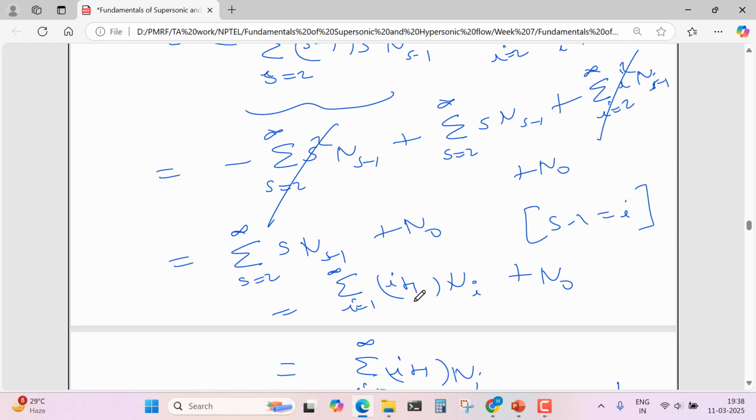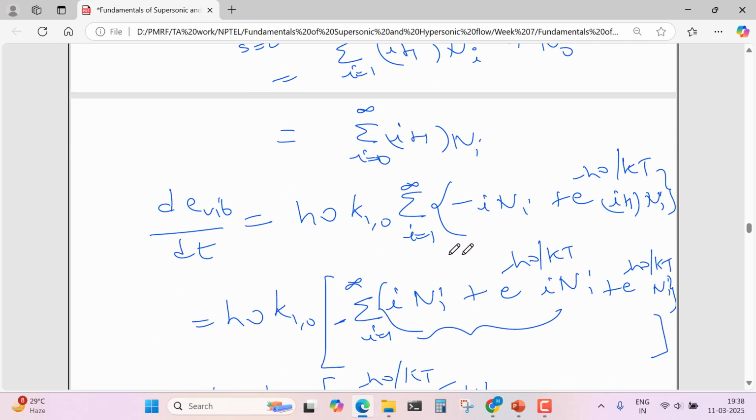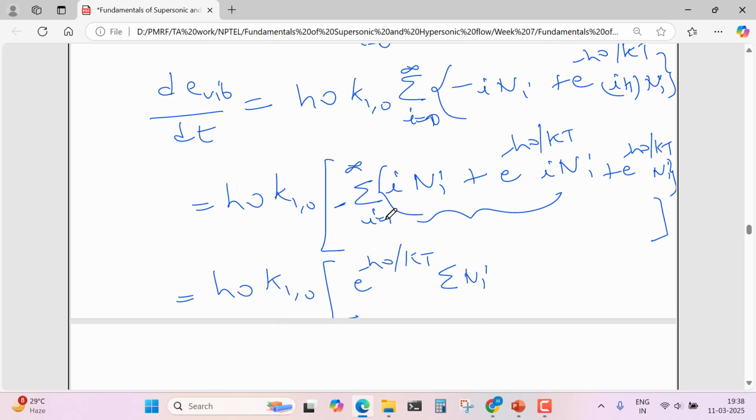One thing, after we have done the summation, this all summation becomes from i equal to 0, so this is i equal to 0 to infinity, minus this term we have written currently here.